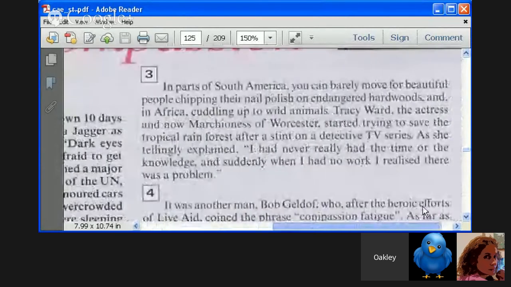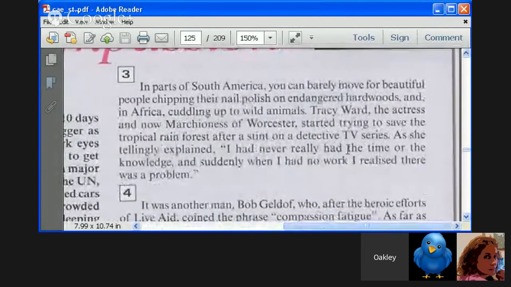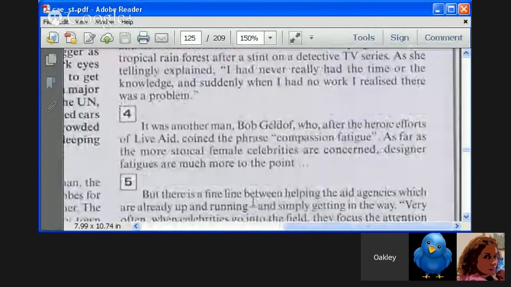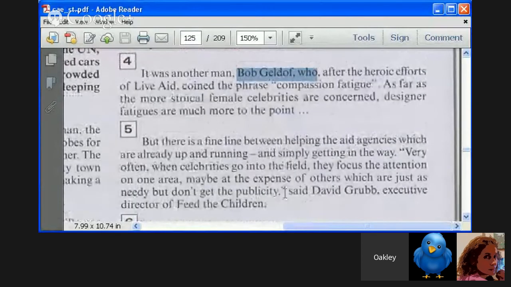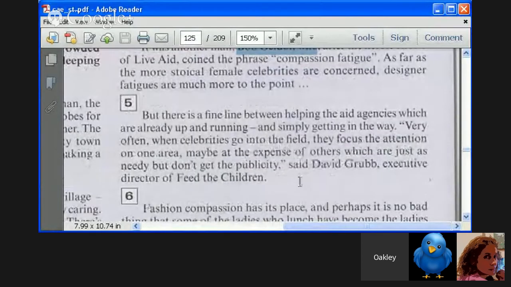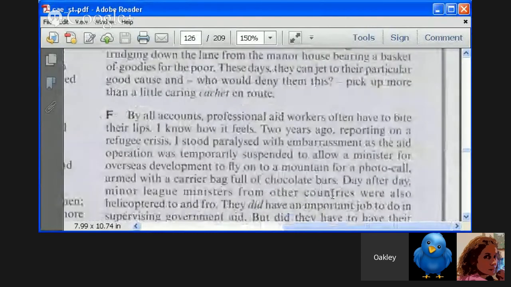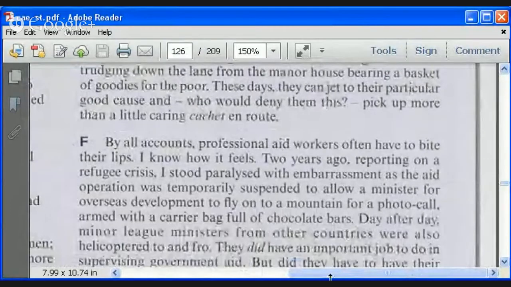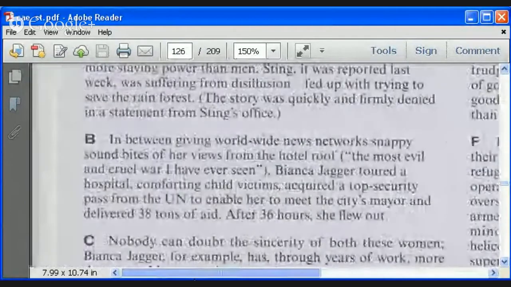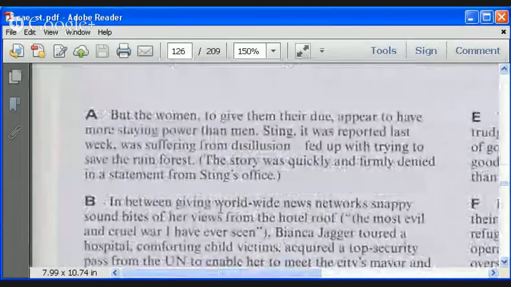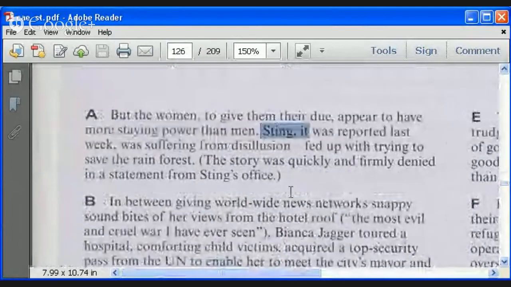Names and dates are very easy to find. You may not need to underline it. Tracy Ward, South America, okay. Bob Geldof. Every paragraph seems to mention a different person. Okay, this could be helpful. Again, looking quickly at the substituting paragraphs, Sting.